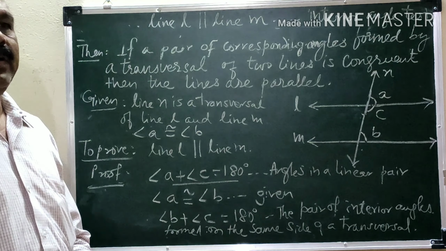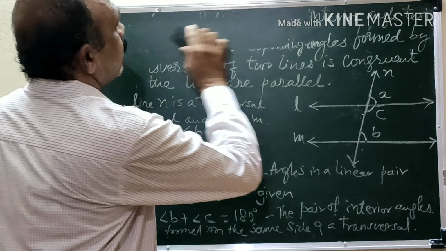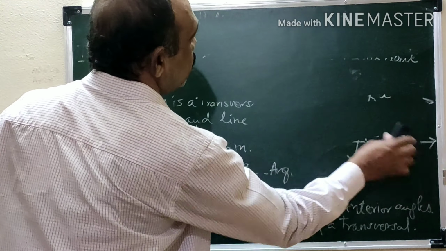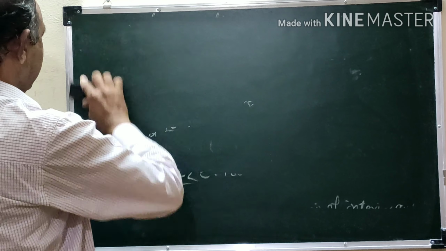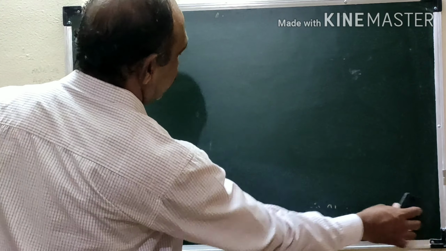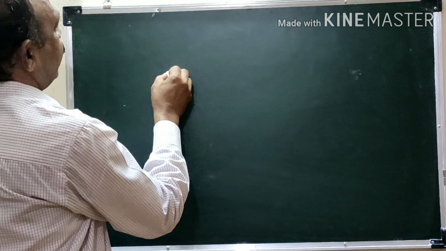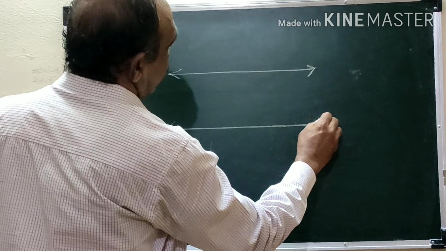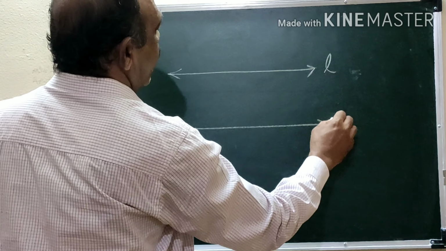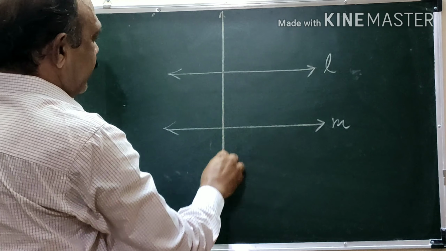Now one corollary is given. What is that corollary? That we will see here. This is line L and this is line M, and this is one line.